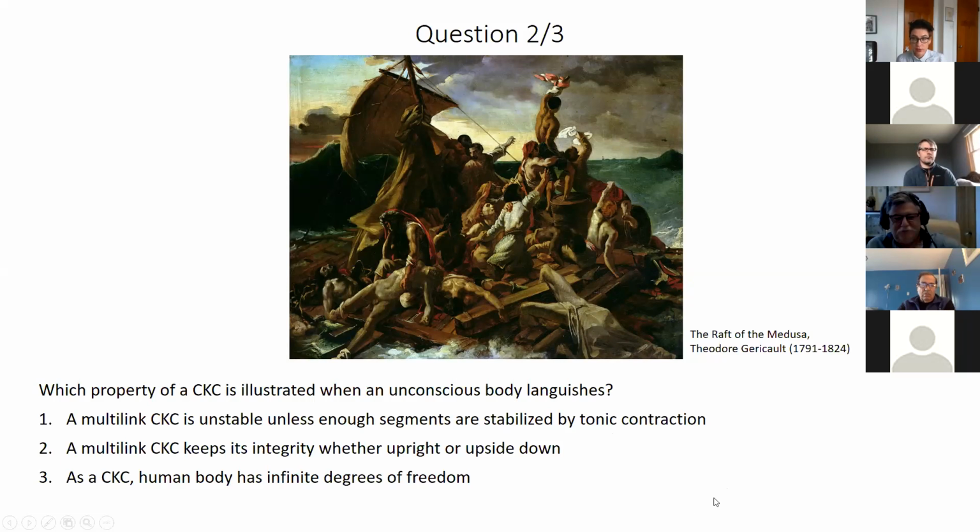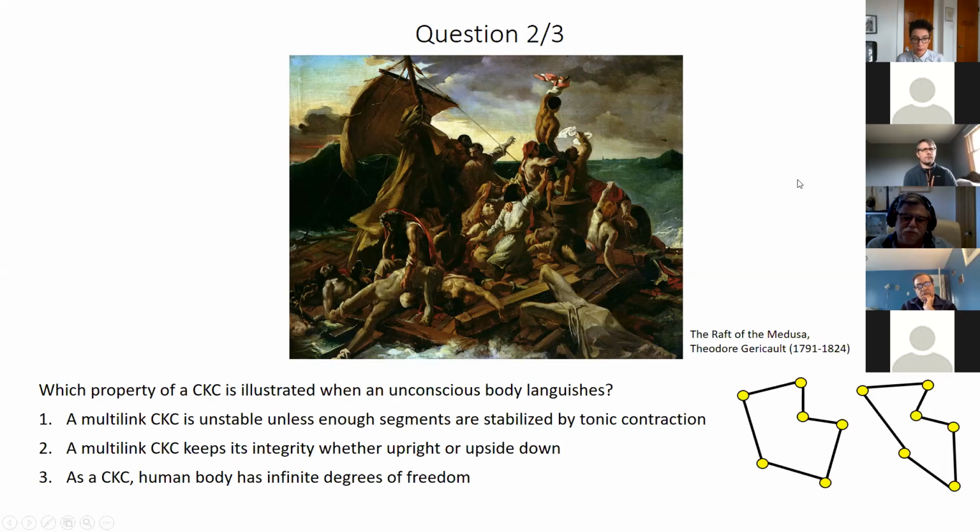It's instability of a multi-link chain when not enough stabilization between the segments is accomplished, or the integrity of a closed kinematic chain being either upside down or downside up, or maybe it illustrates the infinite degrees of freedom of a human body as a closed kinematic chain. The correct answer is 1.